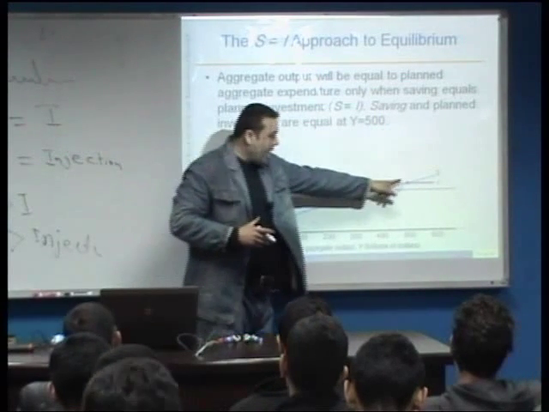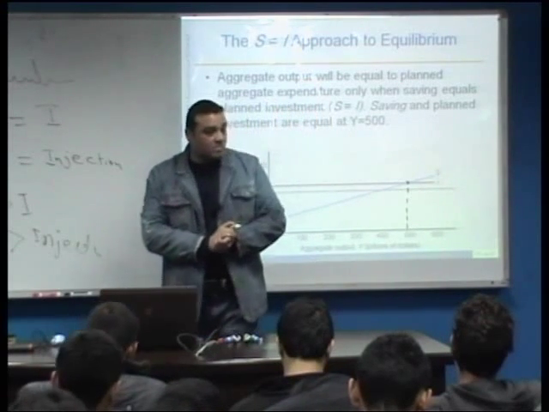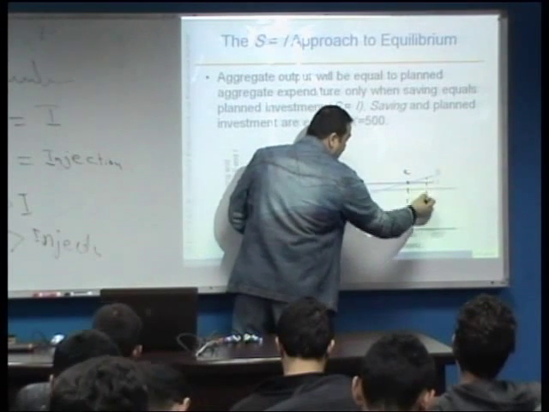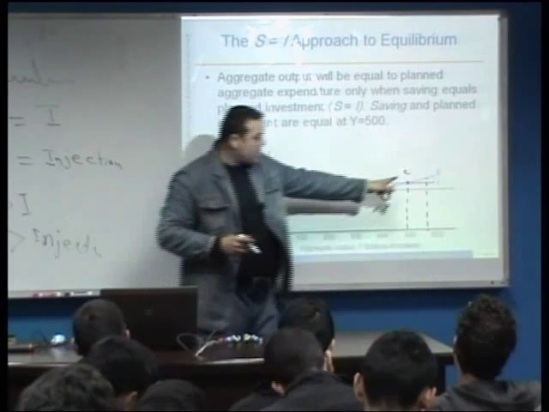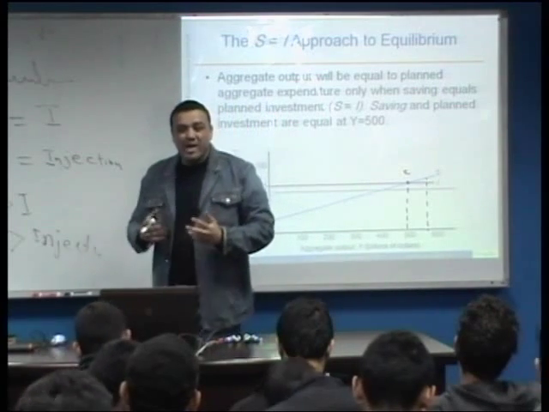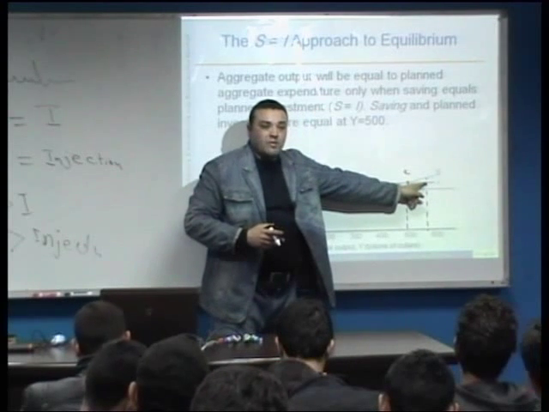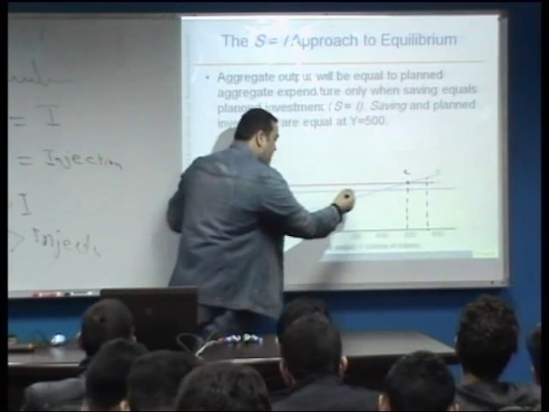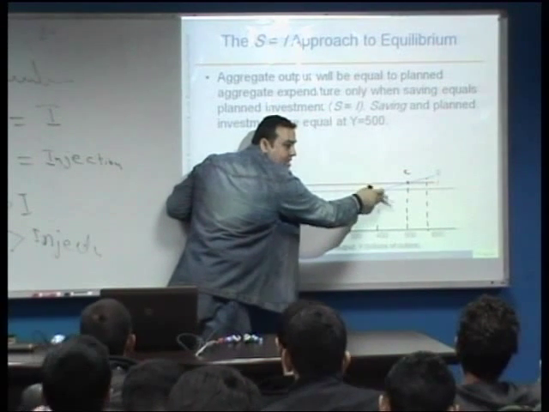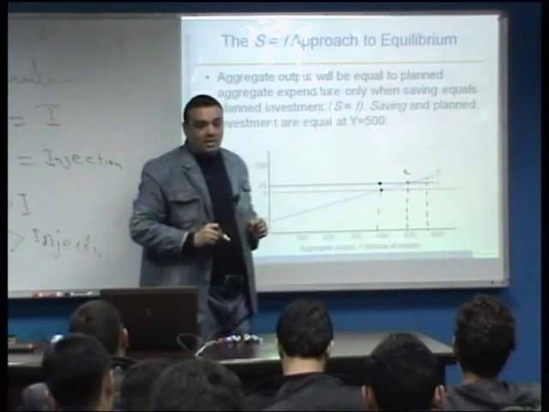When S equals I at $500 million or $1 billion. صح؟ At this point, suppose this is point E. At the right hand, saving is larger than the planned investment. So we have what? Leakages out is greater than injection. At the left side, what do you see? Investment is greater than saving. So injection is greater than leakages out.